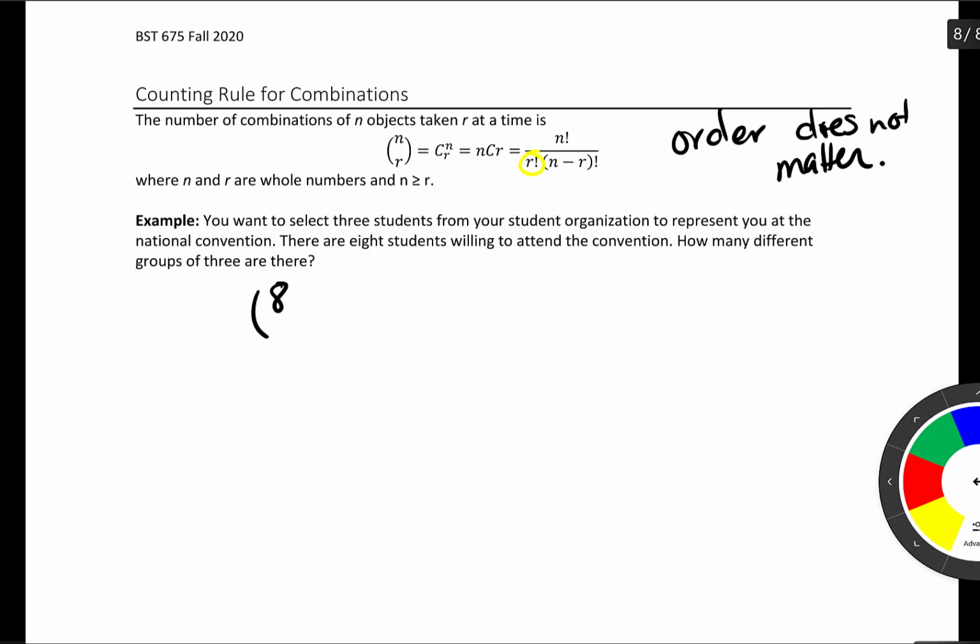And so what we're saying here is we have 8 people, we need to choose 3 of them. So using the formula here, we're going to have 8 factorial. N is always our total number, which is 8, divided by 3 factorial times 8 minus 3 factorial. And this is equal to 56. So there are 56 different combinations here.